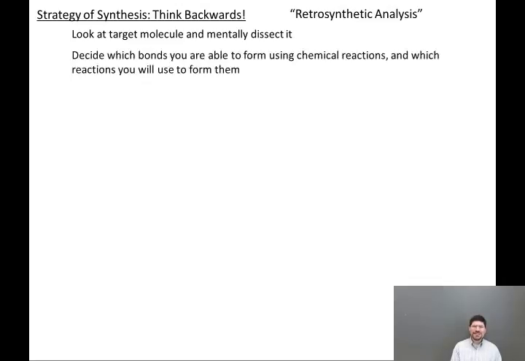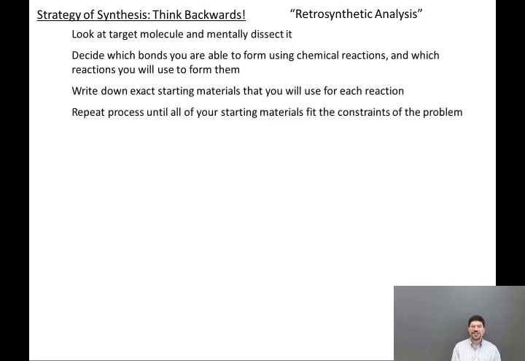So once you have mentally dissected it, you can then decide which bonds you're able to form using chemical reactions and which reactions you will use to form them. Then you write down the exact starting materials that you will use for each reaction, and then finally repeat this process until all of your starting materials fit the constraints of the problem.